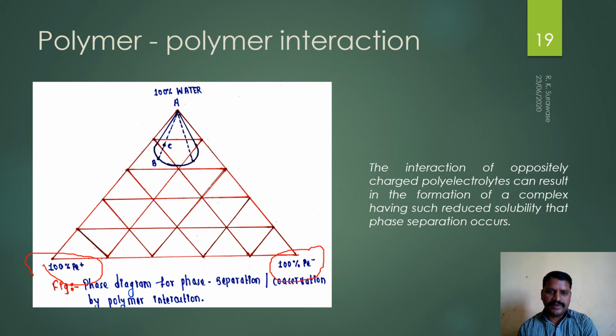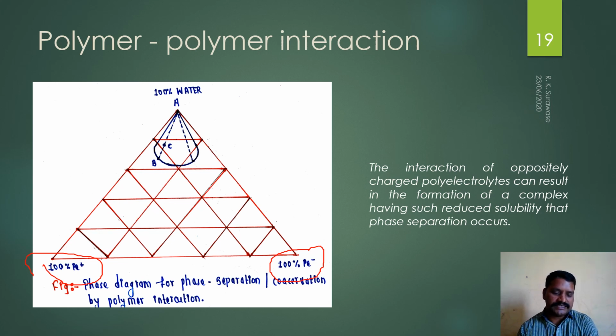So gum arabic and gelatin will interact with each other to form a complex at a specific temperature and concentration condition. This complex is deposited around the core material, that is, a deposition of the coating material around the core phase in the manufacturing vehicle phase.